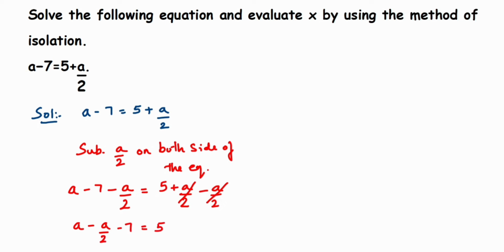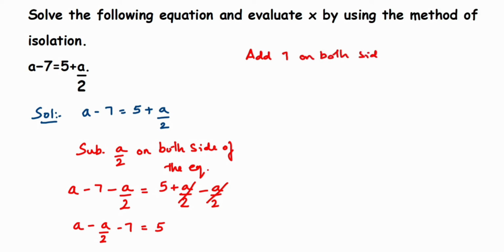Now see, I don't want this minus 7 on the left hand side, I want it on the right hand side. To remove this minus 7, since minus 7 is given, we have to add 7. It's the opposite sign. To remove the 7 from here, we have to add, because minus is there. If you add it, it will get removed. So the next step is to add 7 on both sides of the equation.